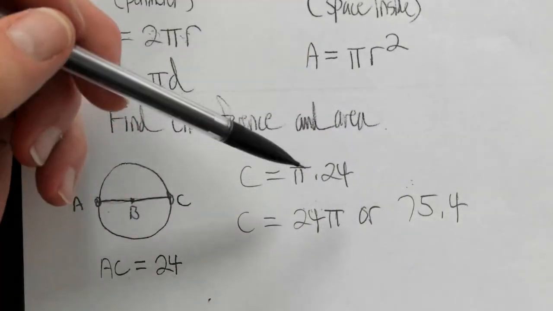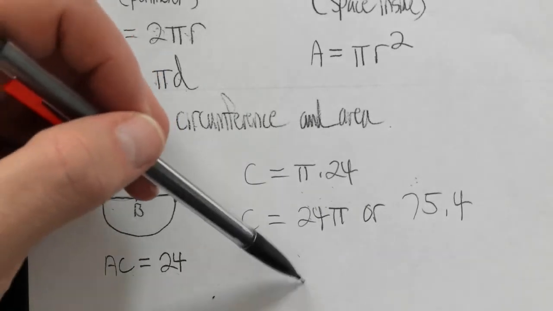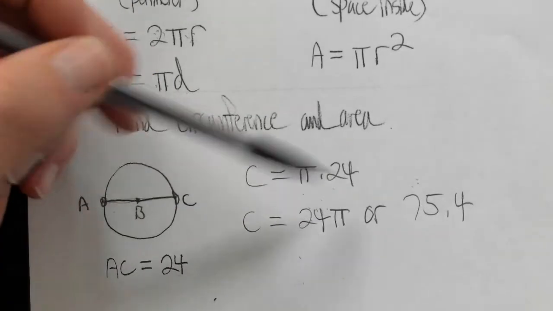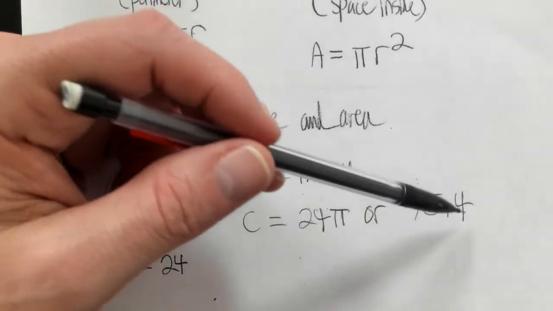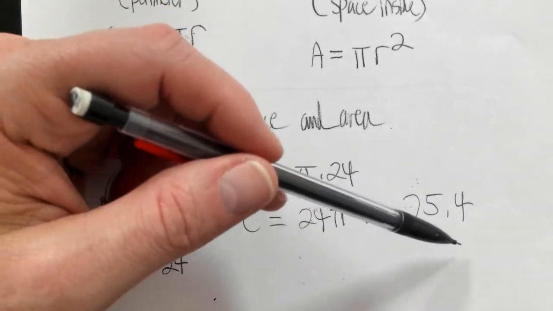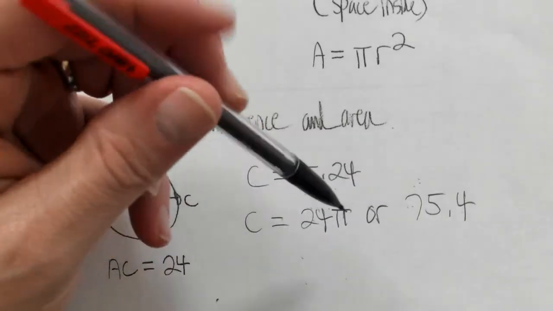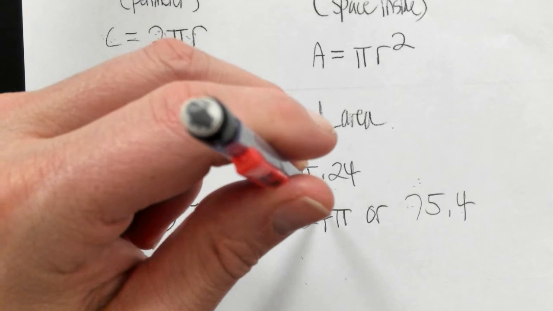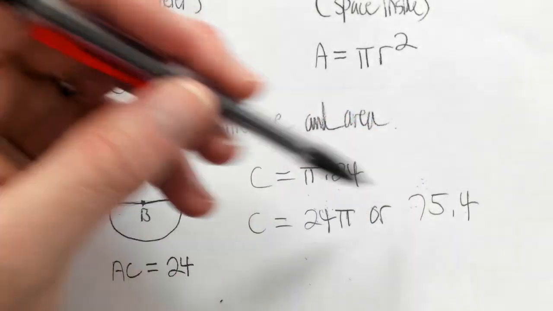For example, your answer choices could be 16 pi, 24 pi, 28 pi, 42 pi. You've got to know that the answer is 24 pi. Or the answers could be 68.2, 75.4, 96.3. Just make sure that you understand that you've got to be able to convert from terms of pi to decimal. Like I say, you could see the answer either way.